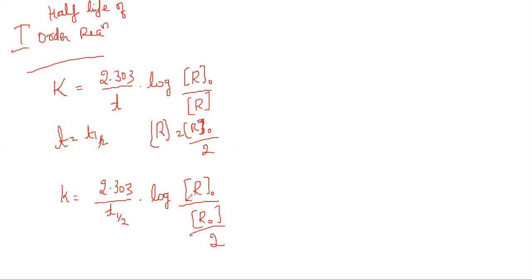So here R naught gets cancelled, and k is equal to 2.303 by t half into log 2.